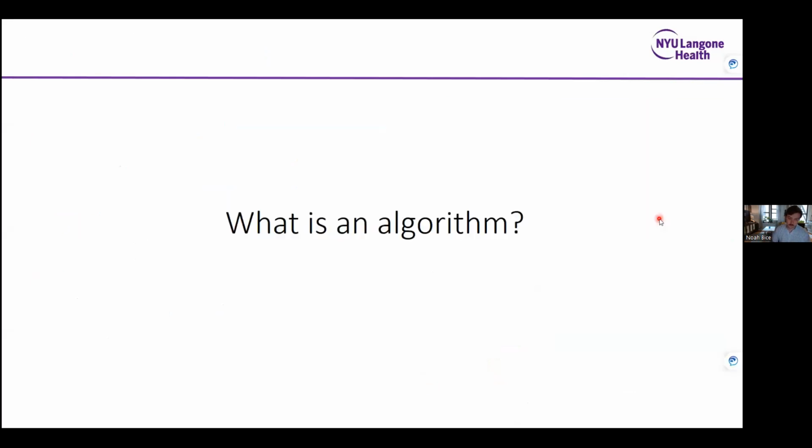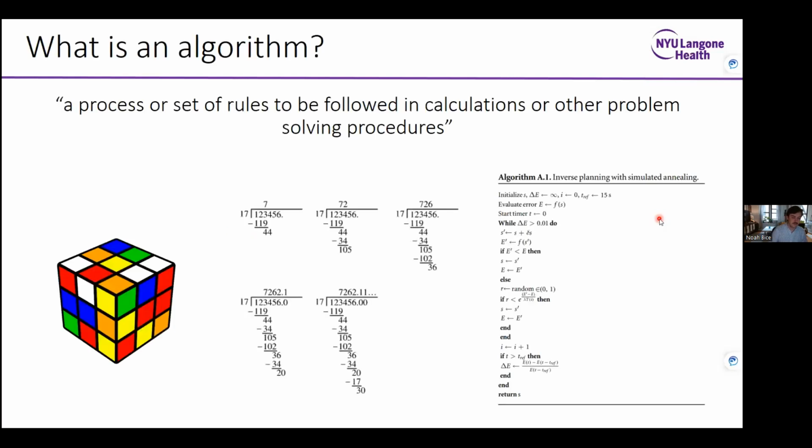So I think a reasonable place to start for talking about computerized treatment planning is with this question of what is an algorithm? Formally stated, an algorithm is just a process or a set of rules to be followed in calculations or other problem-solving procedures. Algorithms form the basis for all modern computing.